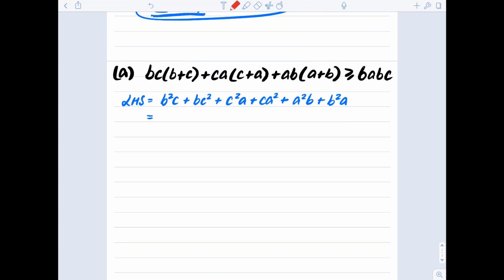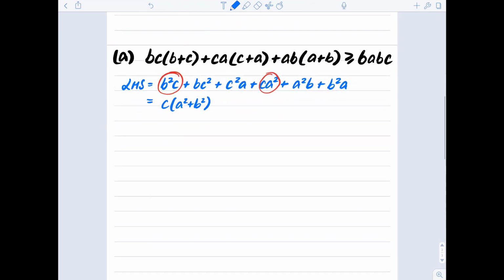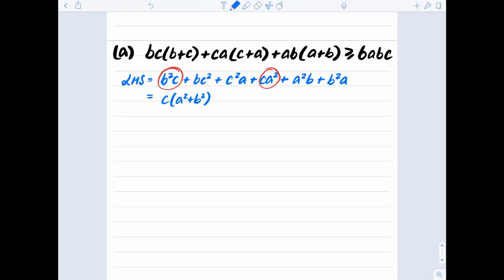Oh, I see it. Looking at these two, they both contain a single c, right? So if I take the c out, I'll have b squared plus a squared. Actually, let's go a squared plus b squared. And this is exactly the type of thing I want, right? Two square numbers added together, I can just use Cauchy's inequality. So I'll just have to group the others together.